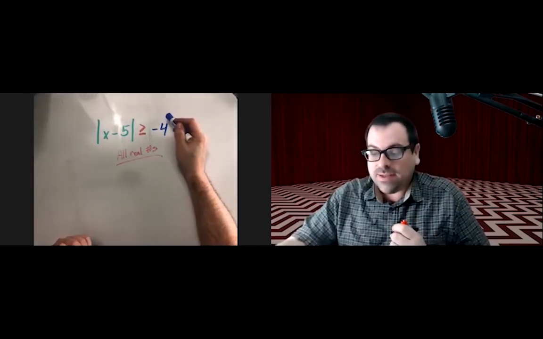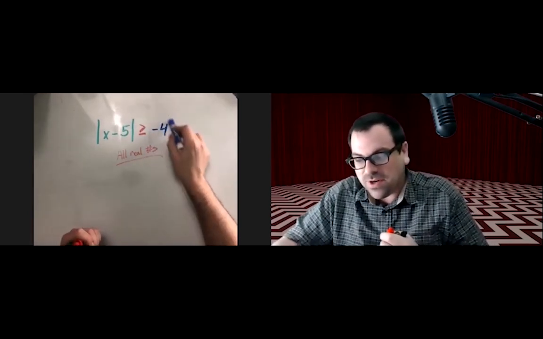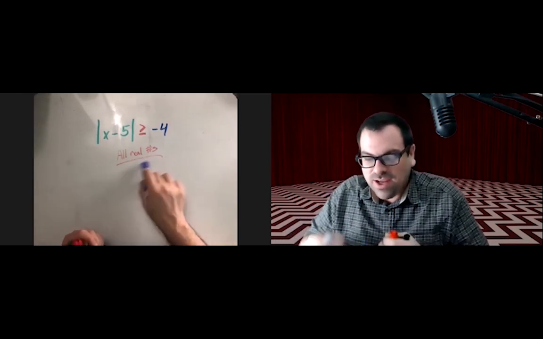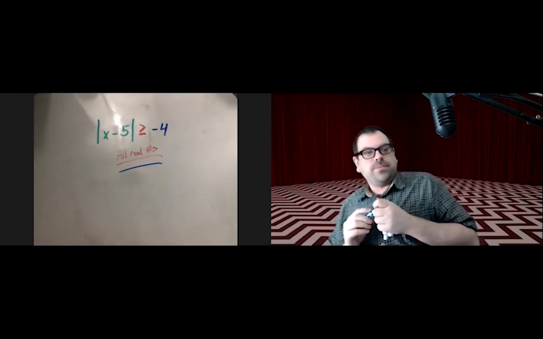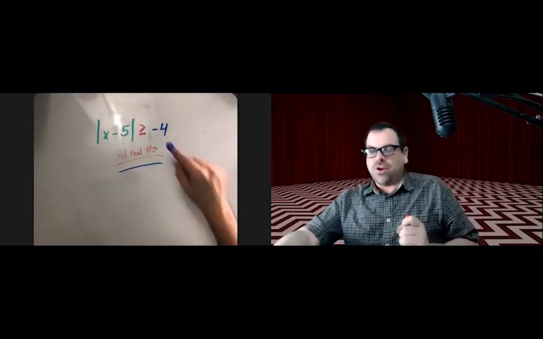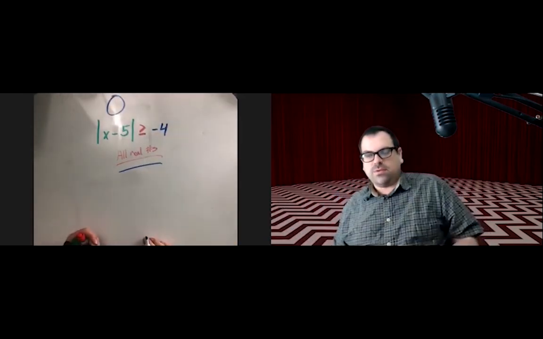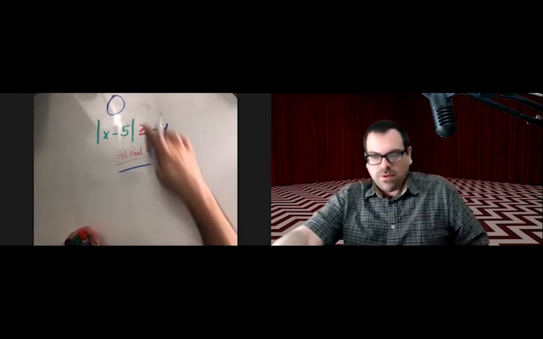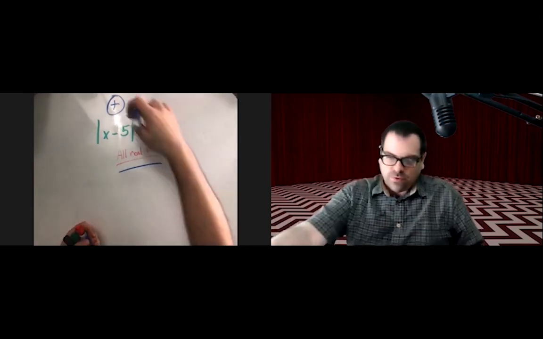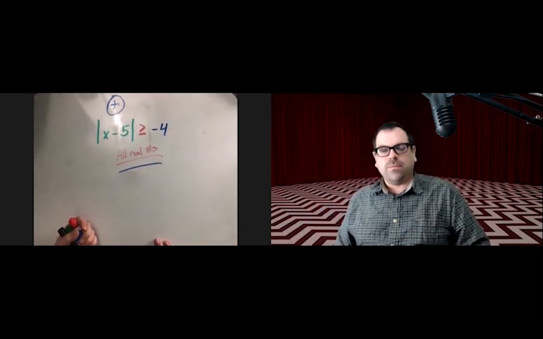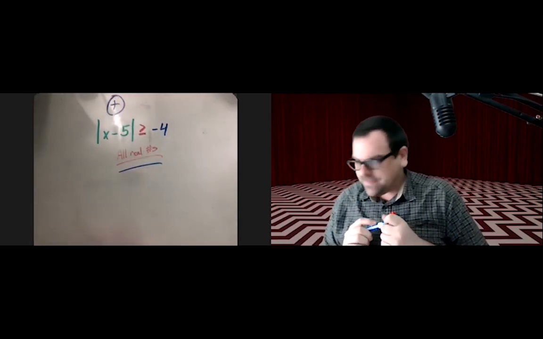That means since all greater than or equal to 0 things are also greater than or equal to negative 4, it's still all real numbers. Because you know what's greater than or equal to negative 4? 0. And all positive things, those are all greater than or equal to negative 4. Absolute values can only be zeros and positive things.